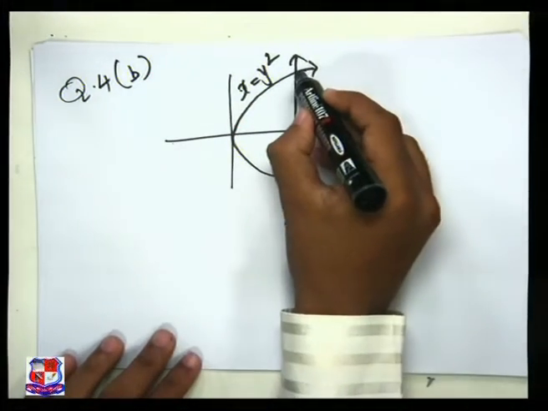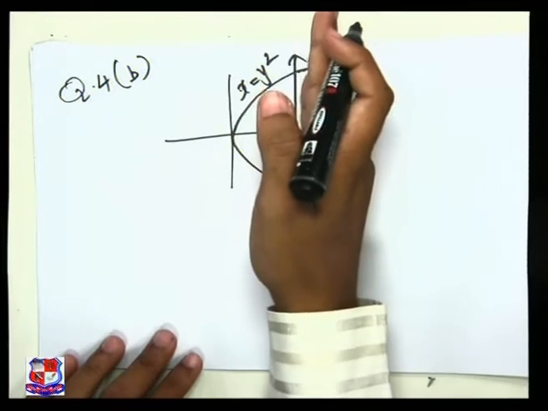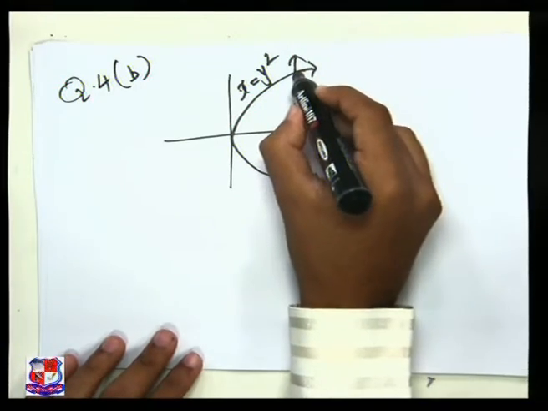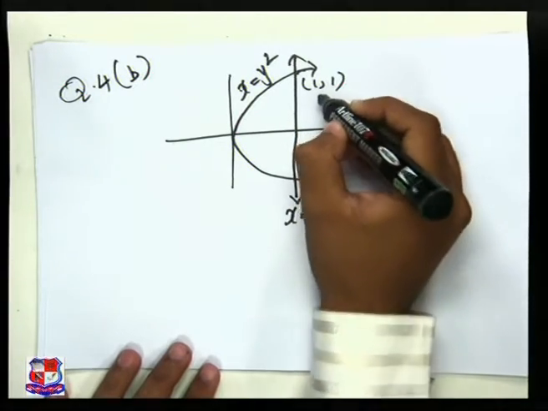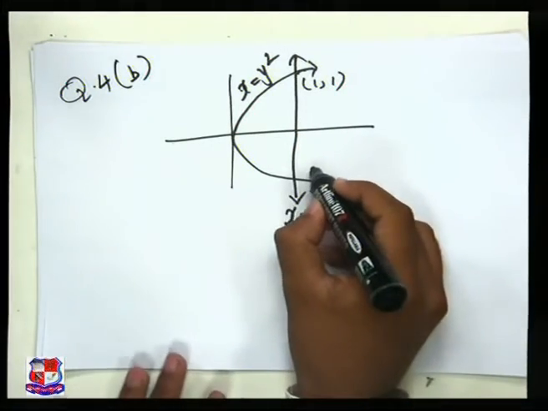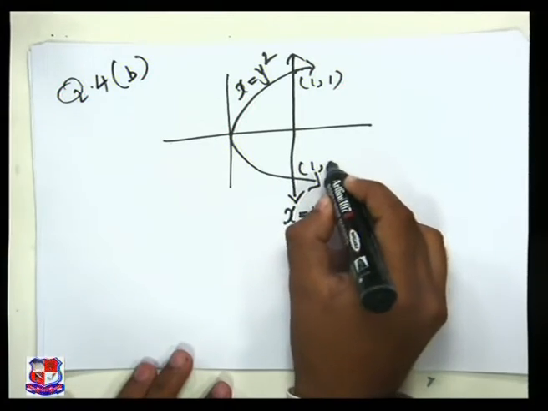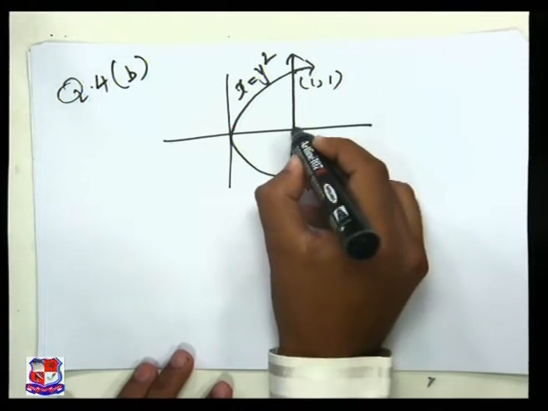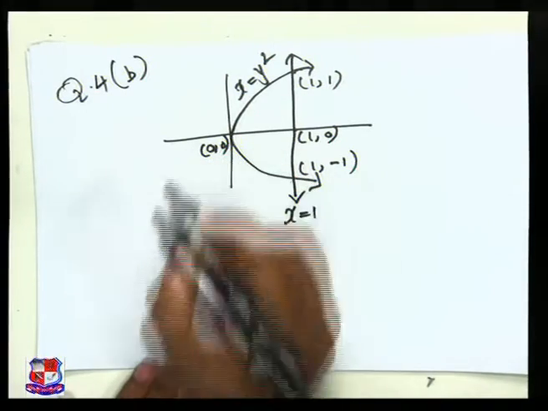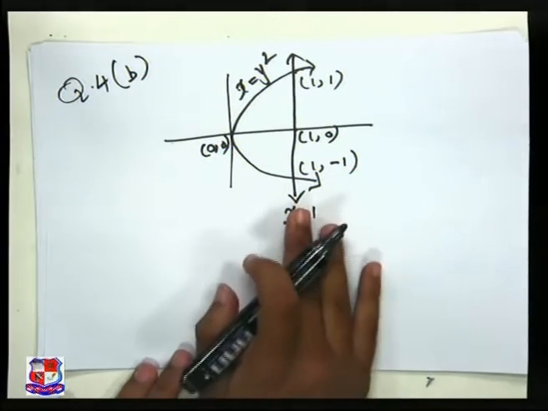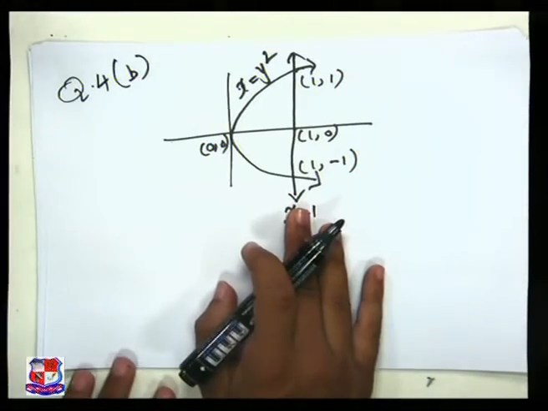Now this line x is equal to 1 intersects this parabola at the point (1, 1), and here (1, minus 1). This is (1, 0), this is (0, 0). Okay, so first of all just try to understand this graph.